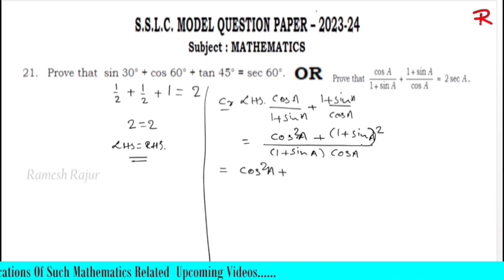The expanded form of A plus B whole square will be A square, that is 1 square, plus B square.